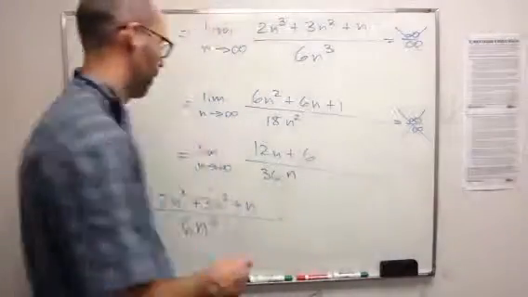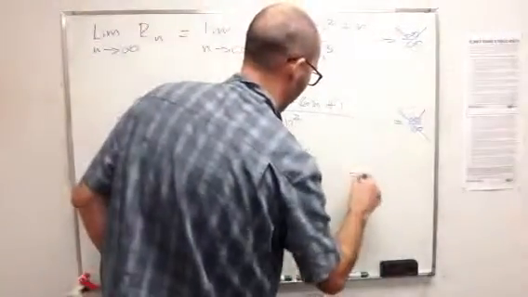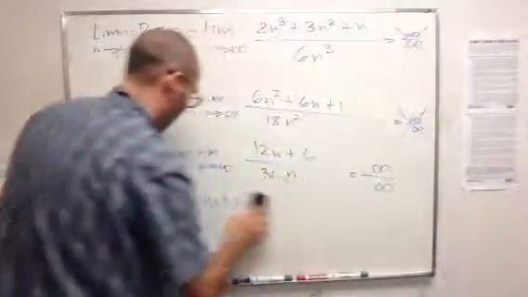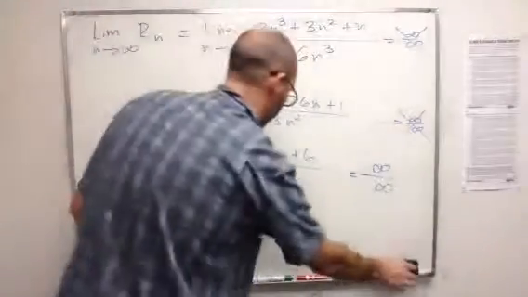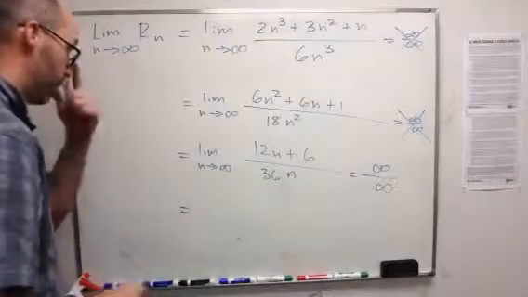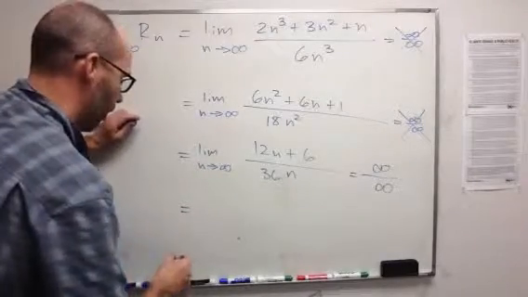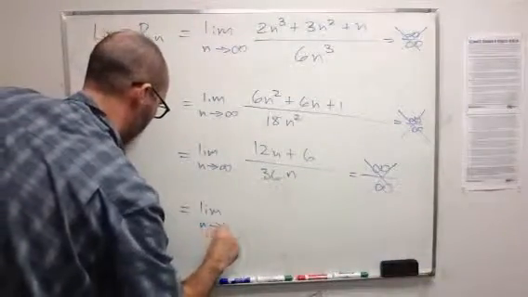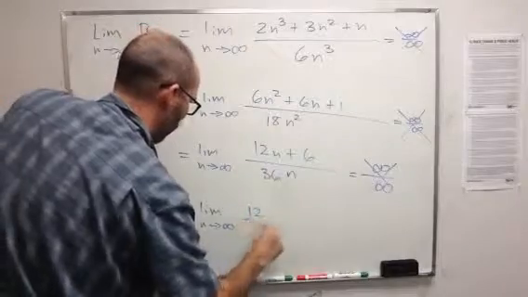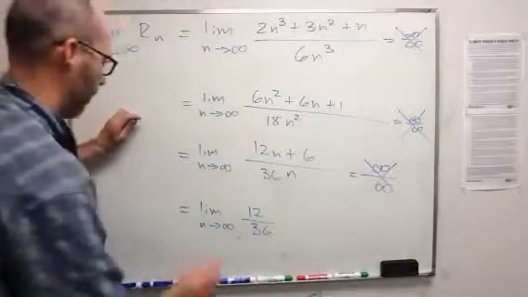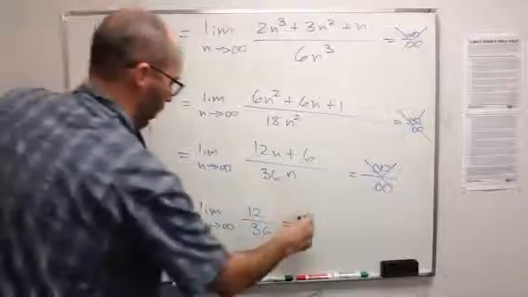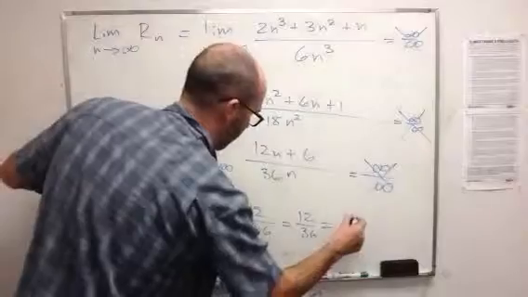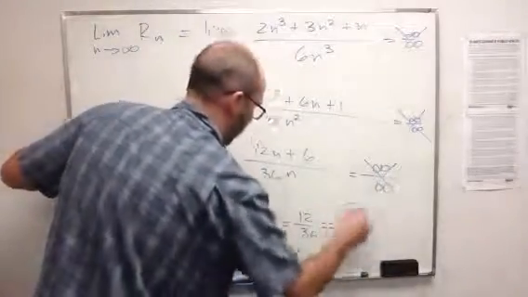Again, we get something like infinity over infinity, so we take the derivative, top and bottom, and get 12 over 36. The limit of a constant is a constant. It's 1/3.